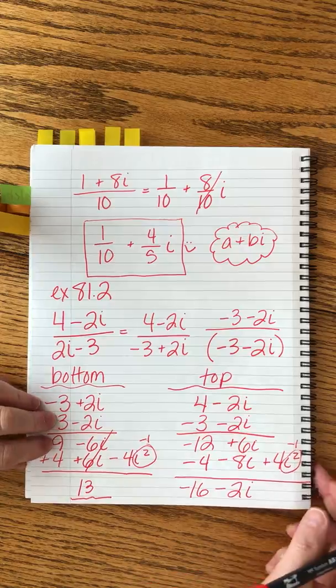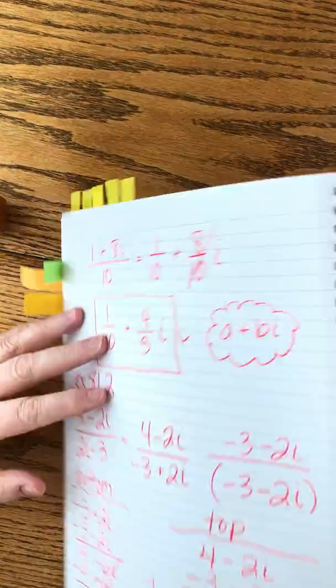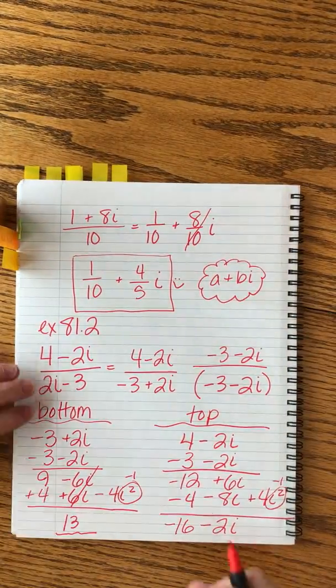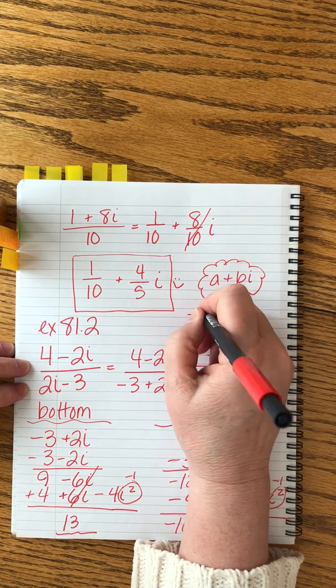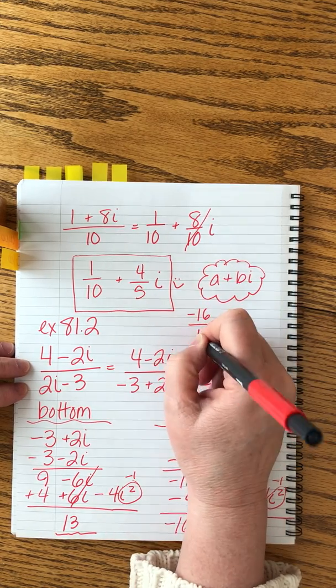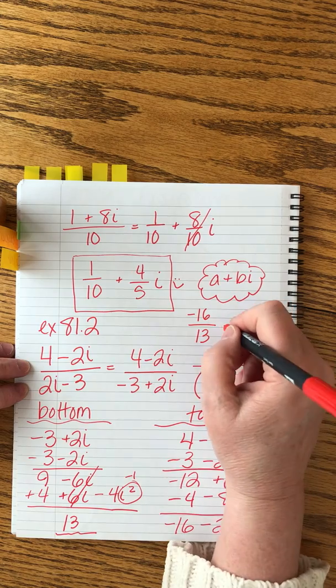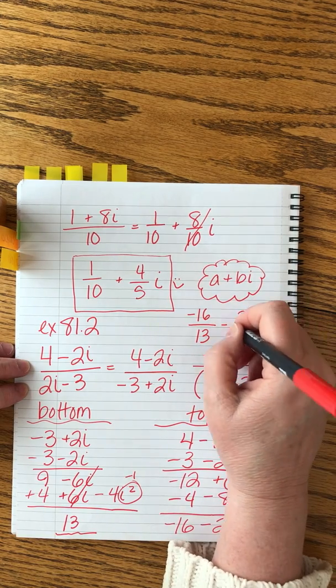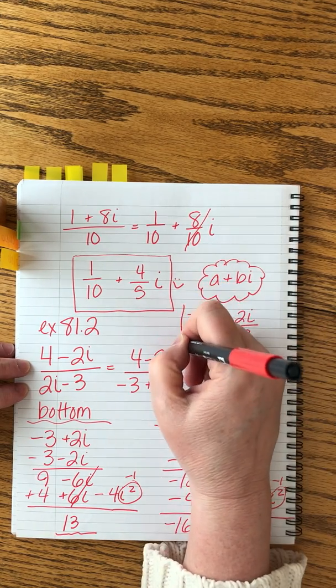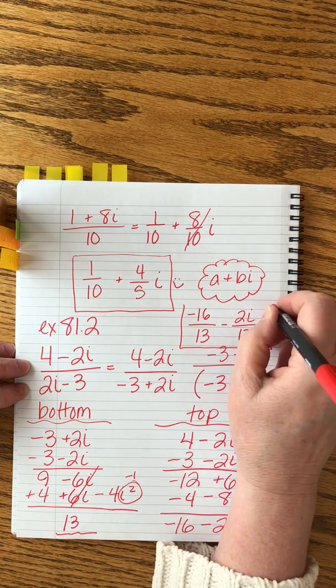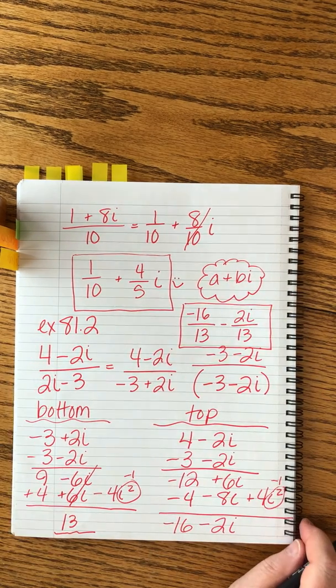I'm going to go to the next page. So I'll just write it right here. We want to split these, so it will be minus 16 over 13 minus 2i over 13. There's no way to reduce that, but we do want to write them as separate fractions.